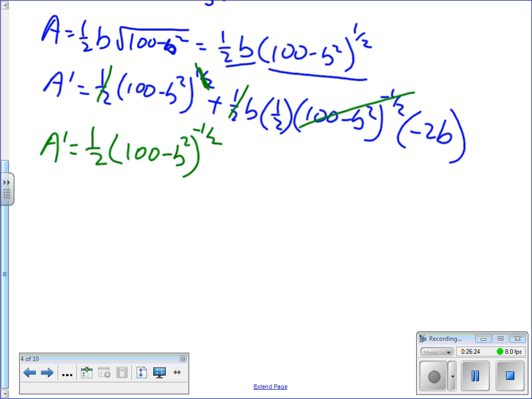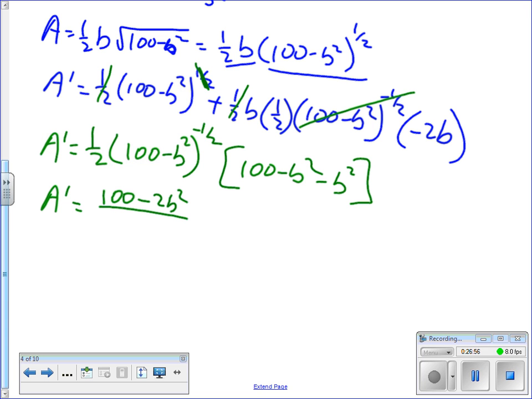Okay. Which means the stuff I have left gives me 100 minus b squared. That's this. And then 1/2 minus 2. I have b times 1/2 times minus 2b gives me another minus b squared. So I get 100 minus 2b squared over 2 times the square root of 100 minus b squared.